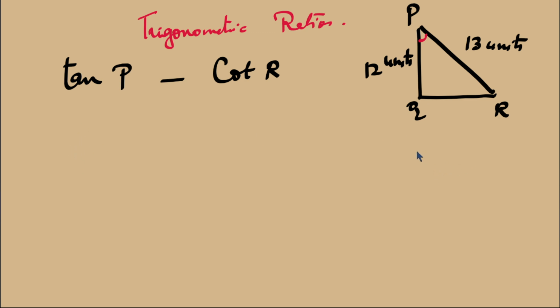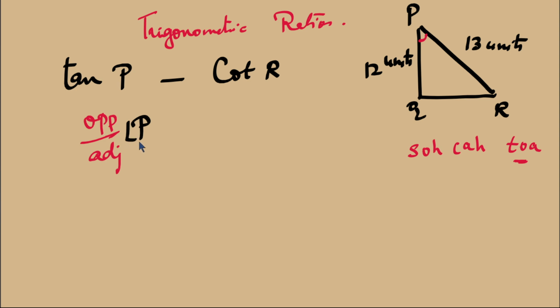In order to recall, let us write this down. SOHCAHTOA. Tan stands for opposite by adjacent. So this is opposite side by adjacent side, but we should remember that this is with respect to angle P, isn't it? And minus.